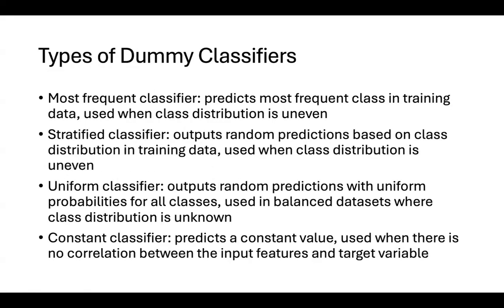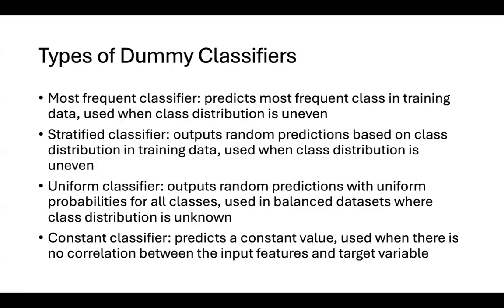There are multiple types of dummy classifiers. The most frequent classifier predicts the most frequent class in the training data, and it's used when the class distribution is uneven. The stratified classifier outputs random predictions based on class distribution in the training data, and it is also used when class distribution is uneven.